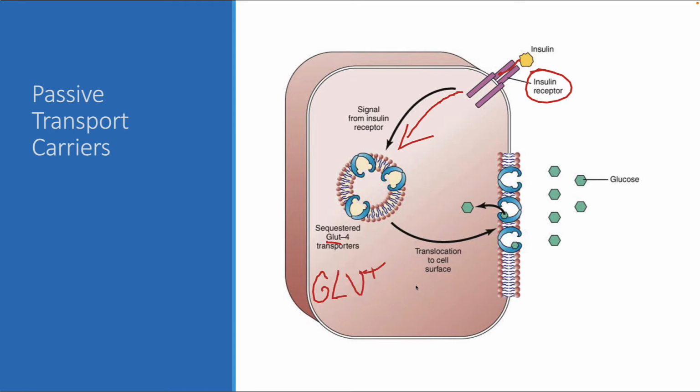Glucose transporter is equal to GLUT, right? That's where that comes from. So these GLUT transporters then allow the receptors for glucose on the cell membrane to open up and transport the glucose directly into the cell.